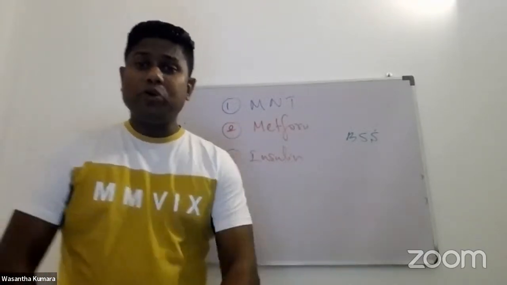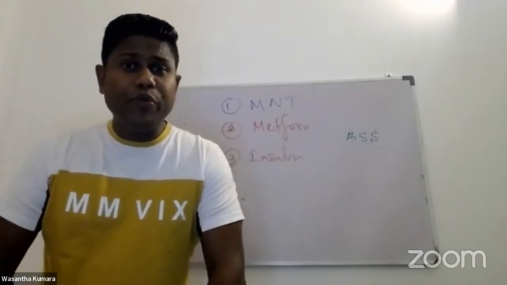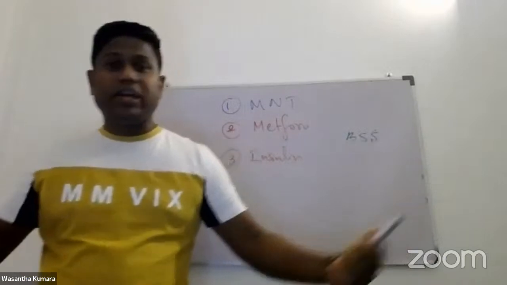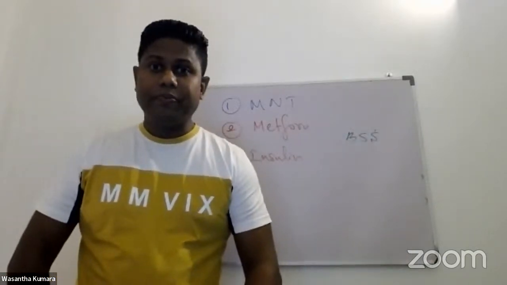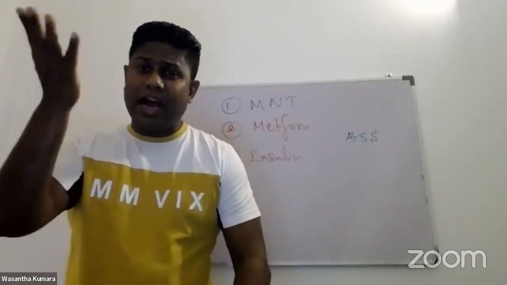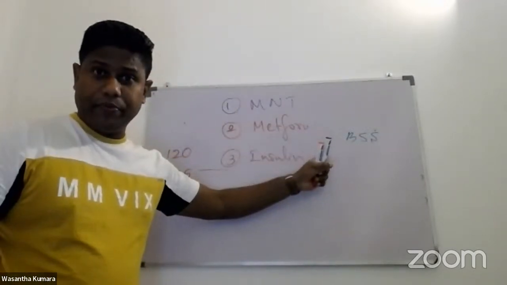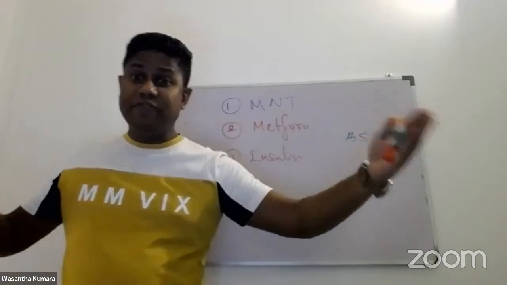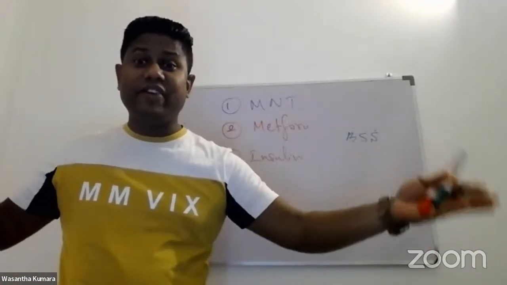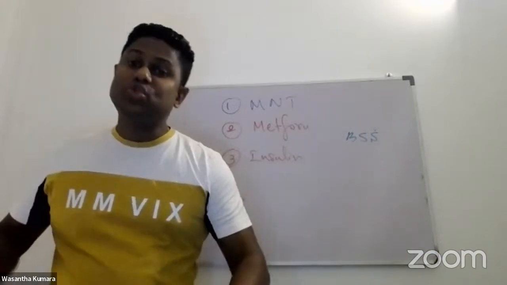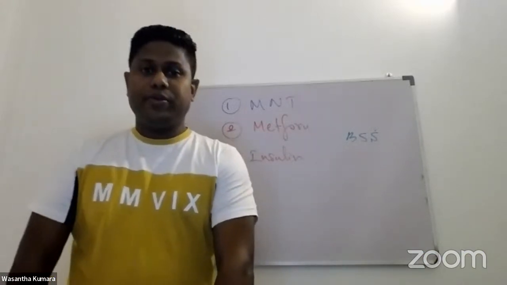Suppose after 2 weeks the blood sugar levels are even higher than before, or not controlled. What can you do? If it is mildly high, you can add metformin to the diet. Or if it is severely high, like 170, 180, 200, very high blood sugar levels, then you can go straight away for insulin.